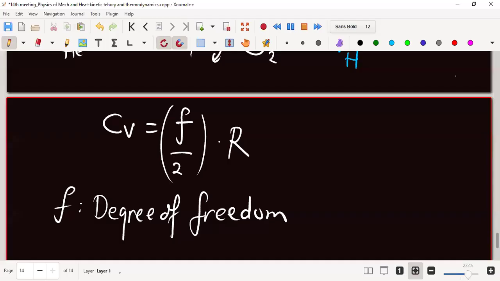But for diatomic molecules like oxygen, translational is 3 degrees of freedom, rotational is 2 degrees of freedom, and the total is 5 degrees of freedom. For polyatomic like methane, it has translational degrees of freedom 3, and rotational degrees of freedom also 3. So the total degree of freedom is 6.